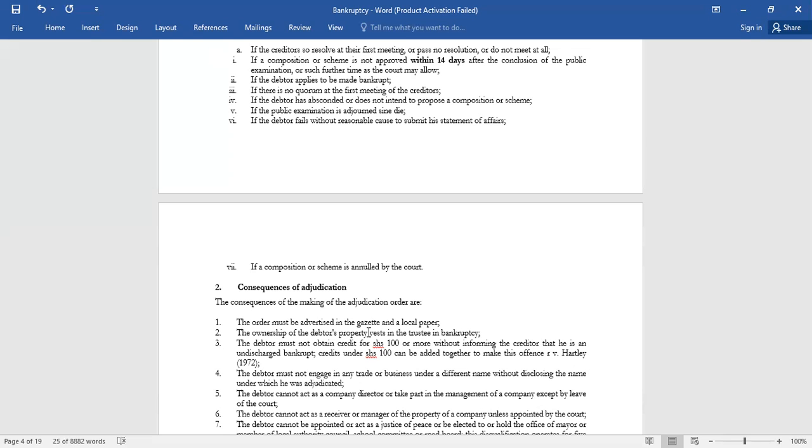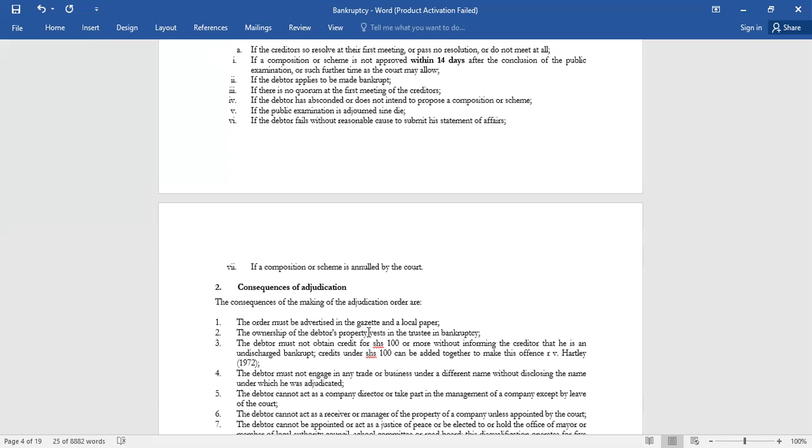Mimi niko na shida ya shilingi 100, I want to borrow. Imagine you want to load credit in your phone. You cannot do so without declaring. And this 100, because you are declared bankrupt, will be added together to make an offense, because there is no way that you could be bankrupt and you are able to raise 100 shillings.